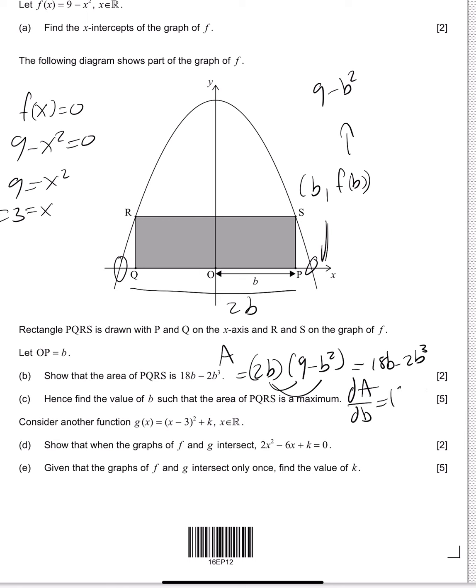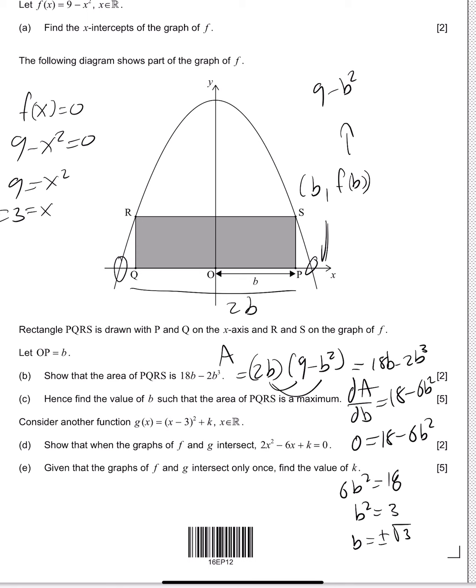I'm glad I caught that. So 18 minus 6b squared. Now this will equal 0. So 6b squared is equal to 18, b squared is equal to 3, so b is going to equal plus or minus square root of 3.